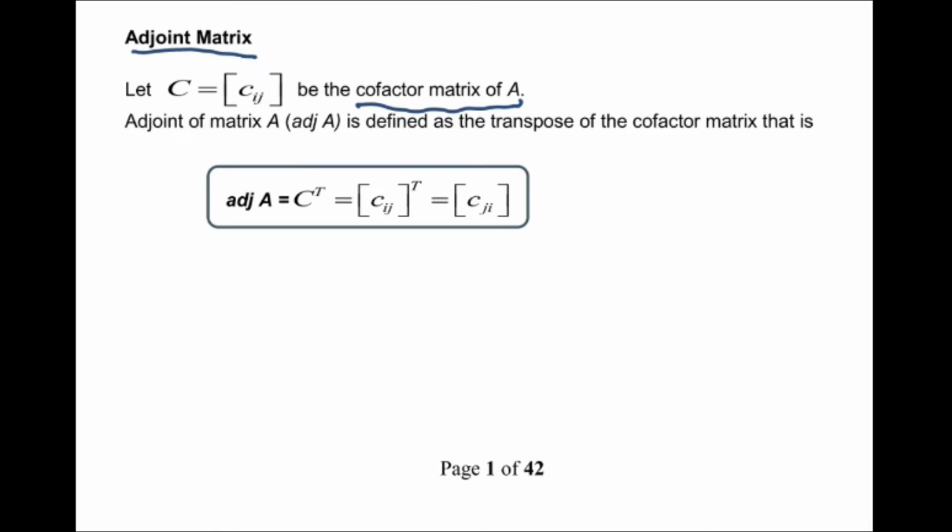The adjoint of matrix A is defined as the transpose of the cofactor matrix, like this. Adjoint, we write it as ADJ, capital A, that particular matrix. And at the same time, we can also write it as capital C power of T, or cofactor transpose.